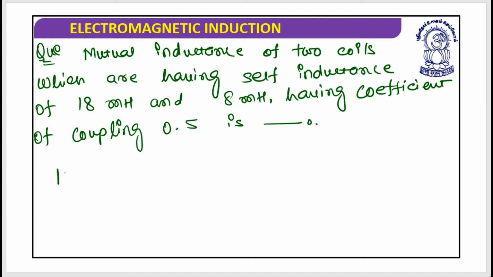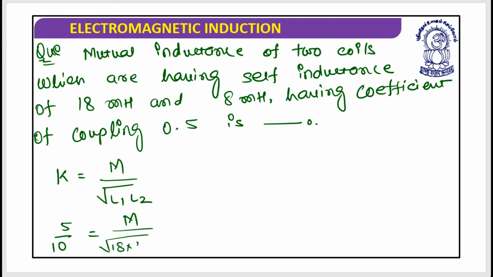So the coefficient of coupling is already 0.5, so I should write K is equal to M upon under root of L1 L2. This is 0.5, so I could write 5 by 10, equal to M, which I need to find out. This is 18 millihenry and 8 millihenry, so 18 into 8 into 10 to the power minus 3.